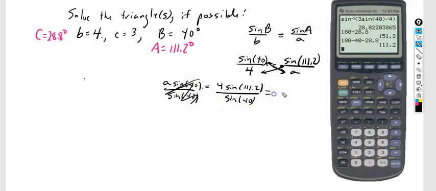And so after cancellation, I'll have A, and with sides you take them to 2 decimal places if it's not specified. So 4 sine of 111.2 divided by sine of 40. And that gives me 5.80 if I take that to 2 places.